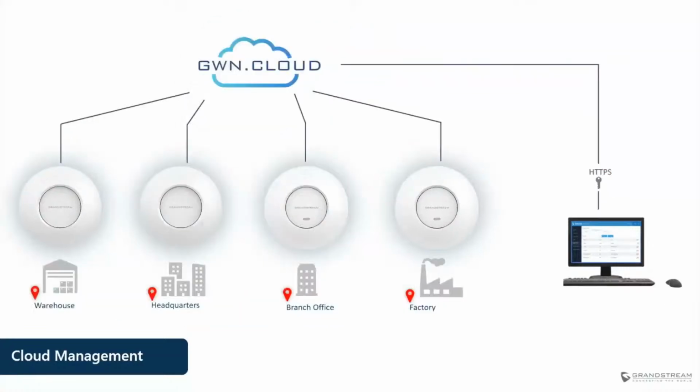When managing multiple wireless networks across multiple locations, Grandstream offers a cloud-based management platform called GWN Cloud. It provides centralized management and complete control of GWN access points without added cost and complexity. It is a free service and has no limit on GWN access points in terms of management.